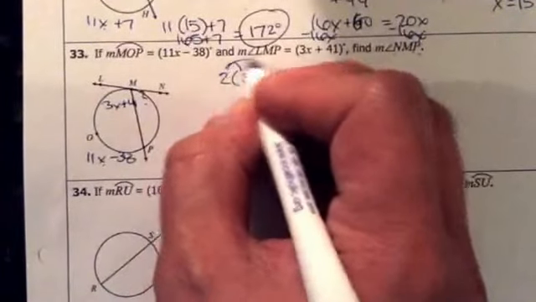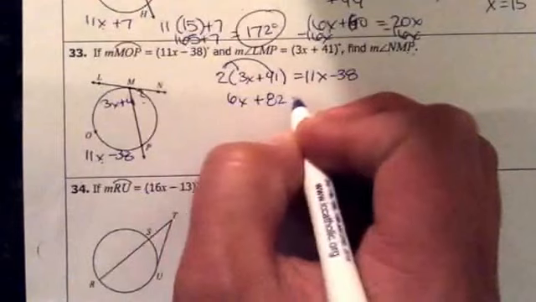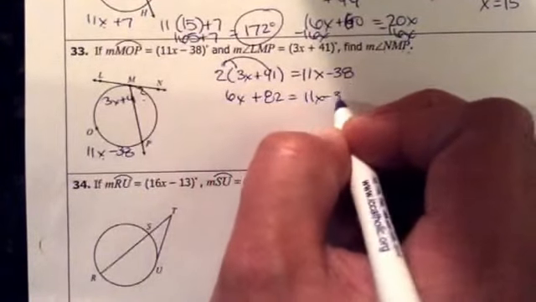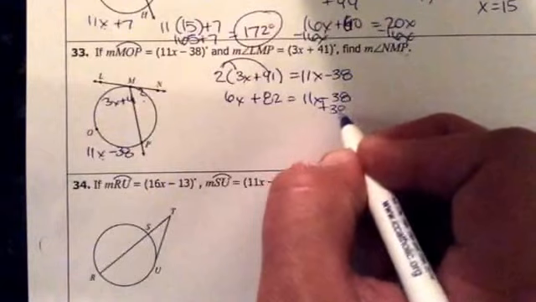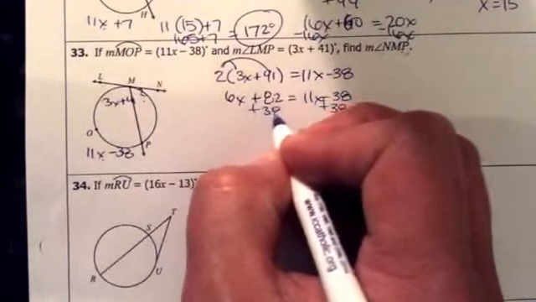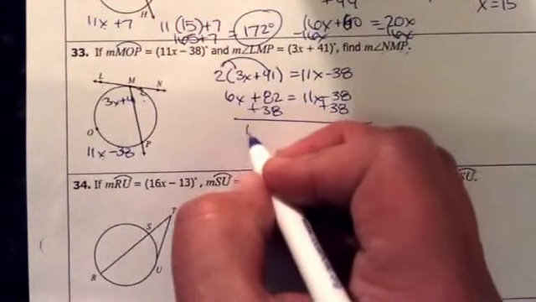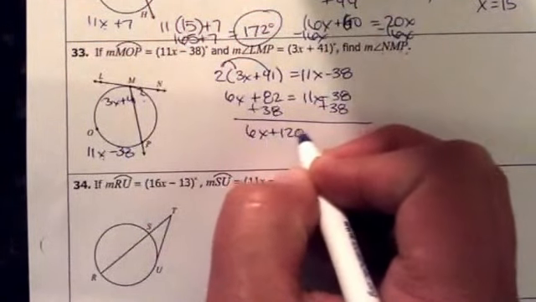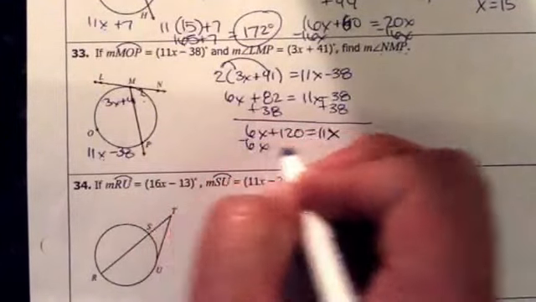Distributing that 2, 6x plus 82 equals 11x minus 38. I'm going to add 38 to both sides. 82 plus 38 is 120. I'm going to minus 6x from both sides.